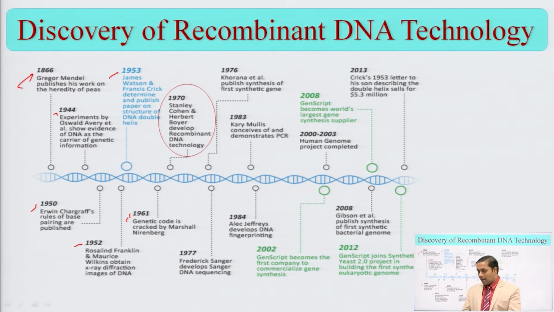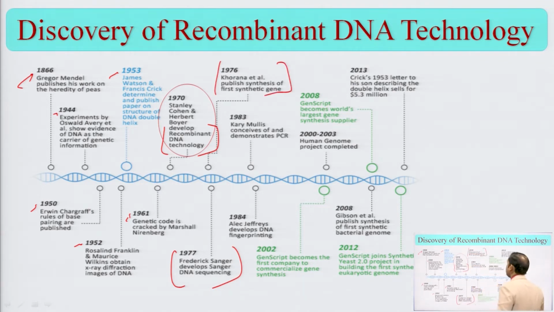Now, what next? After that, great things happened. In 1970, Stanley Cohen and Herbert Boyer developed recombinant DNA technology. After that, we saw a lot of development, like Sanger sequencing in 1977. Before that, in 1976, Khorana and his team published the synthesis of the first synthetic gene, just after Cohen and Boyer developed recombinant technology in 1970.